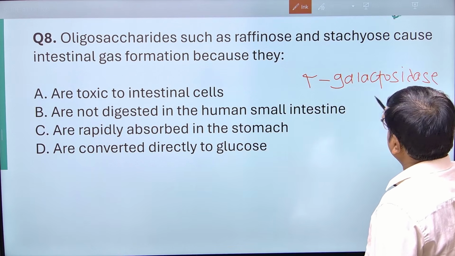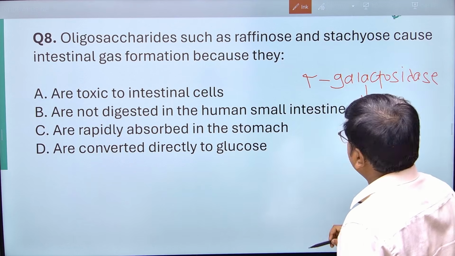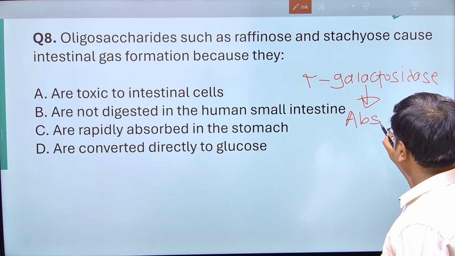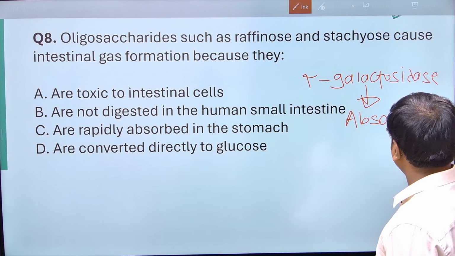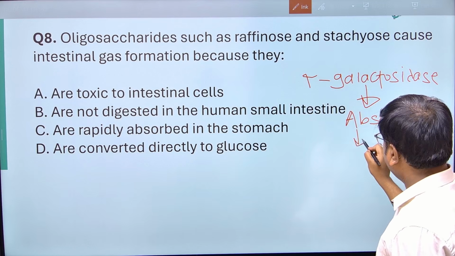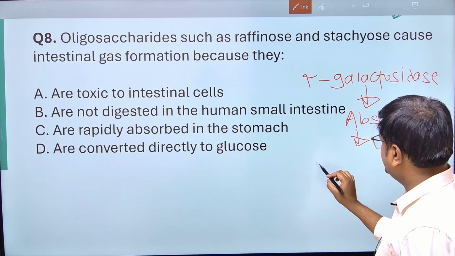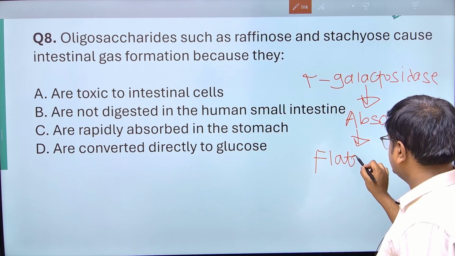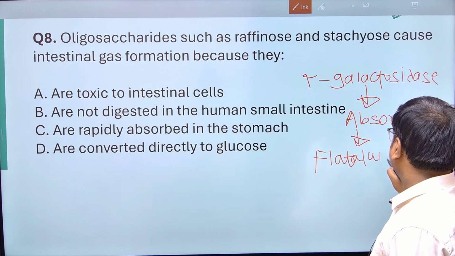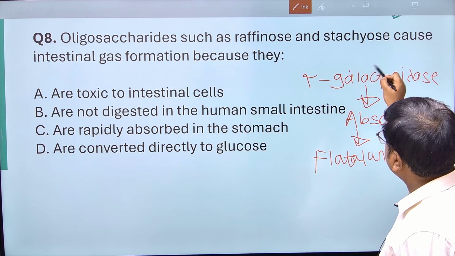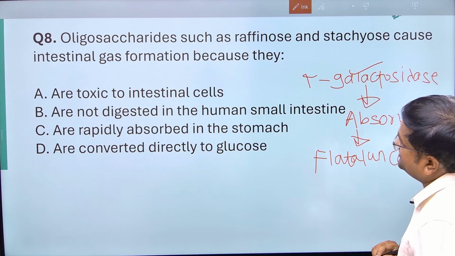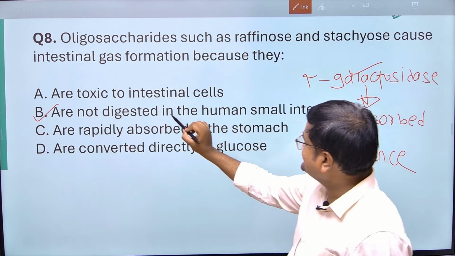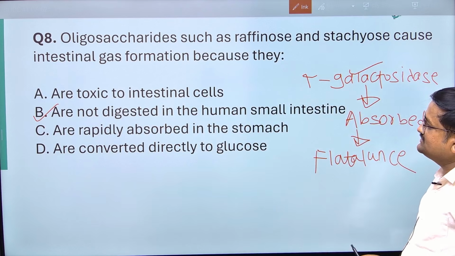Due to the absence of this enzyme, these kinds of sugar do not get absorbed into the human body, which leads to a condition we call flatulence, because these oligosaccharides do not get digested. The right answer is that they are not digested in the human small intestine.